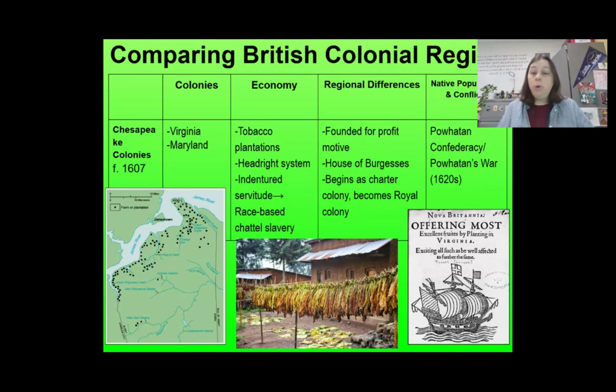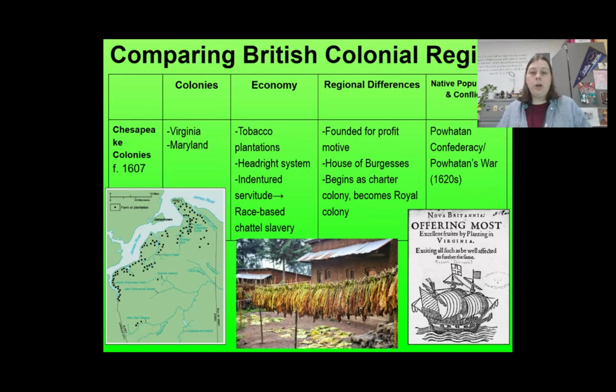And Virginia, most significantly and most likely to come up in terms of founding motivations, is founded for economic motivations. This is one of the colonies that is founded as a joint stock company, so by a company that is looking to make money, and the colonists who go there, especially in the first generation of settlement, are primarily looking to make money, which they don't really do right away.